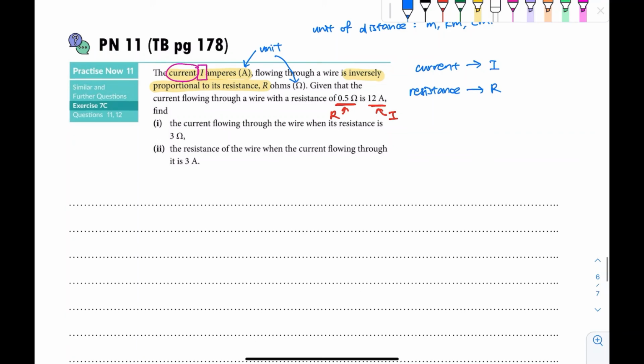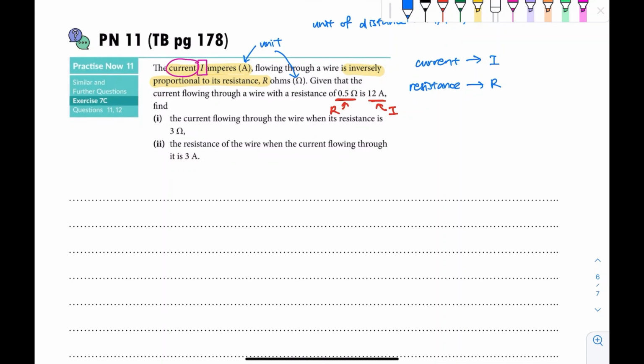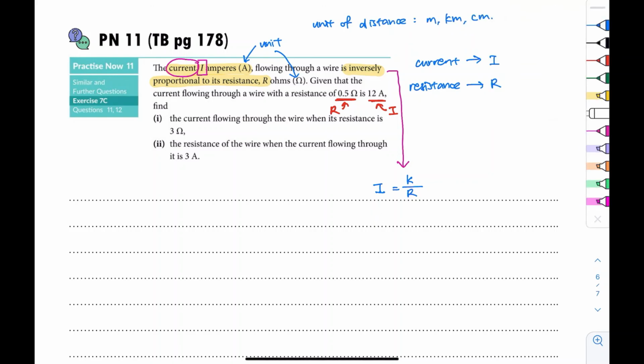Right? So solving this part I, we need to first make use of the information from the understanding that it is inversely proportional. So inversely proportional means the current I equals constant K divided by resistance R. So this is the equation that we can form from the inverse proportion mentioned in the question. Next we use the second piece of information, which is that I refers to 12 amperes. Let me change to a blue pen.